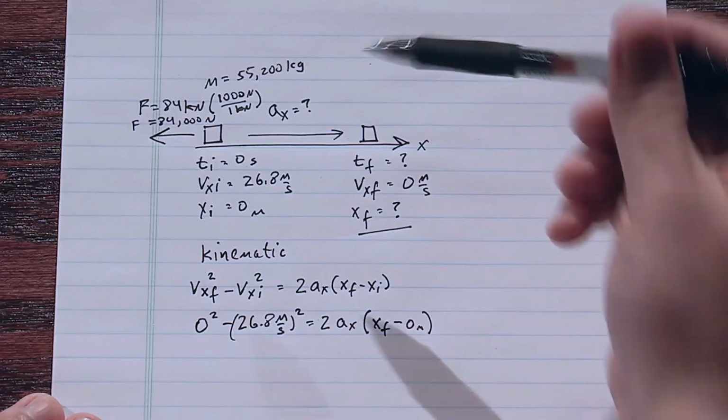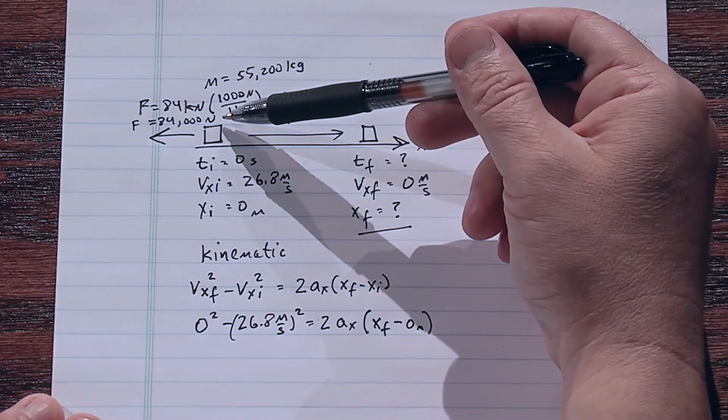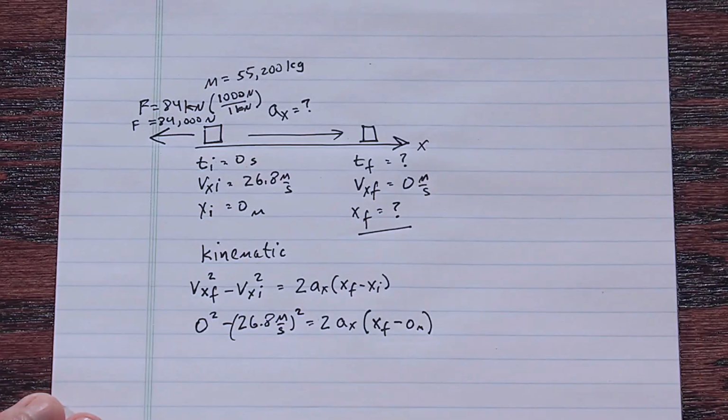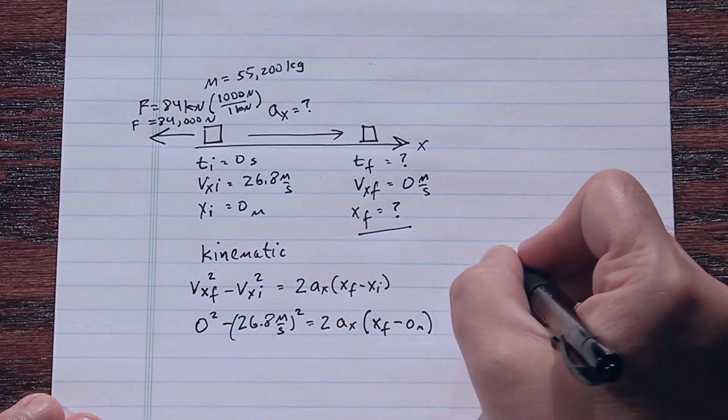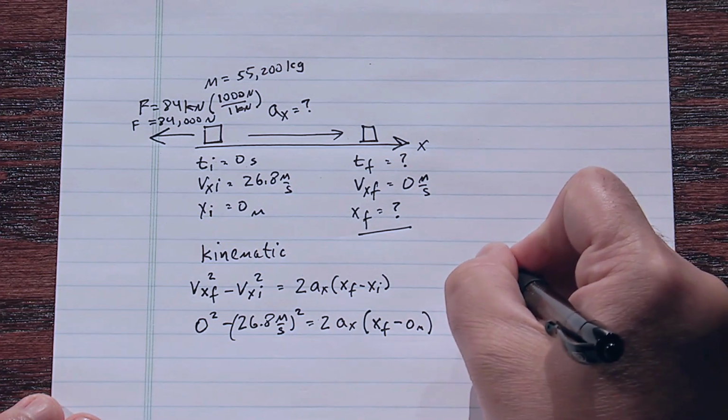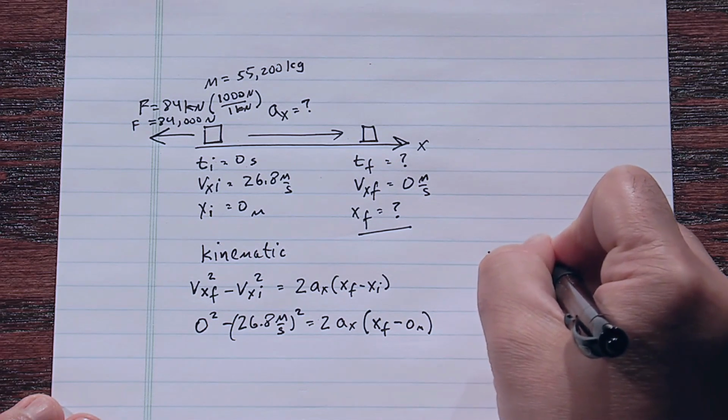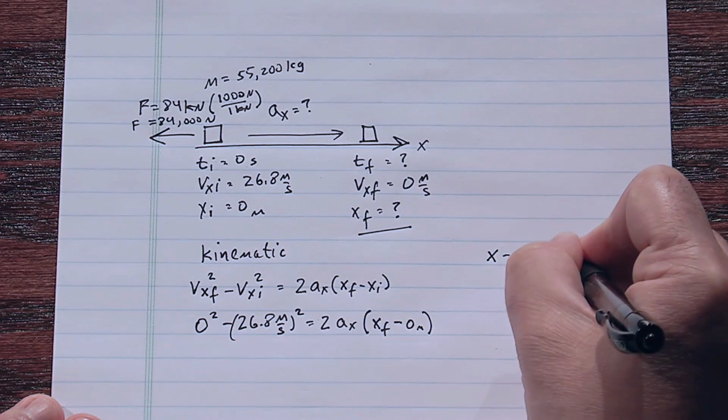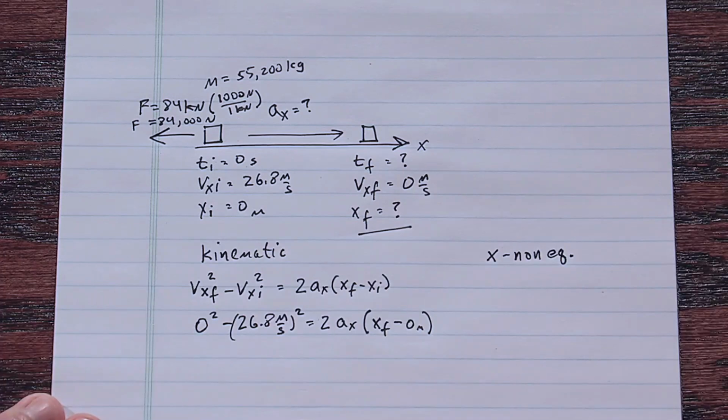Well, we know that we can use Newton's second law to relate the mass of the train to the force on the train and the acceleration. And since the train is changing its velocity, this is also a non-equilibrium situation. So we also have x non-equilibrium.